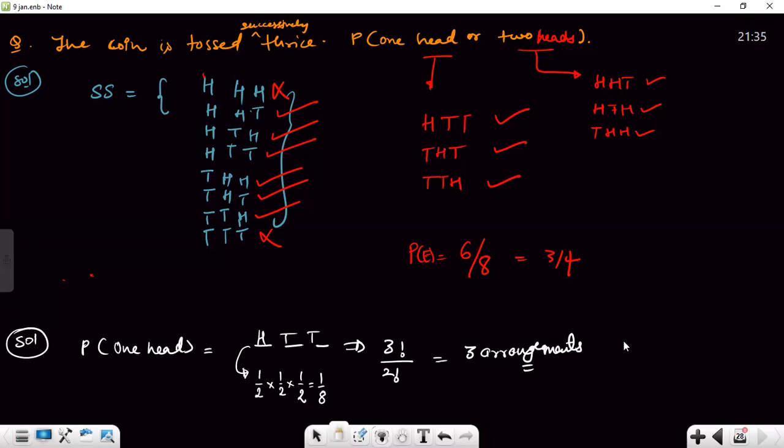So the overall probability of getting one head in any position is 3 by 8. Are you able to understand till now? Yes, sir.